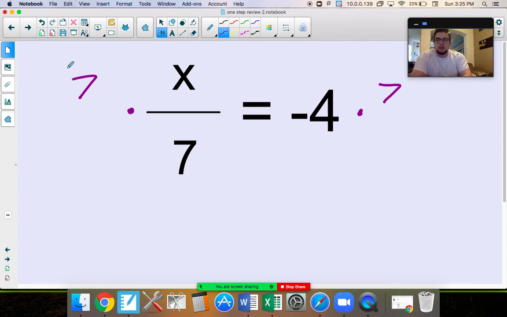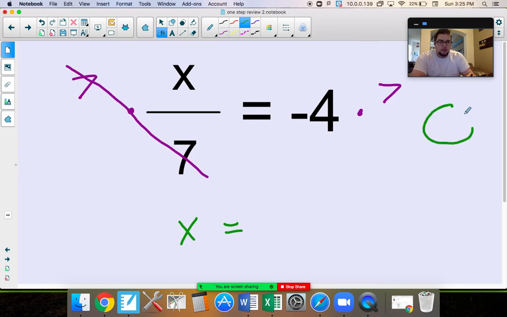So we multiply by the 7's. They cancel out. So x is the only thing left over here on the left-hand side. Negative 4 times 7. So again, a negative times a positive makes a negative answer. 4 times 7 is 28.